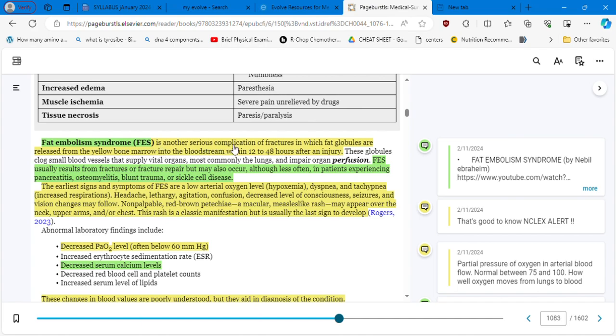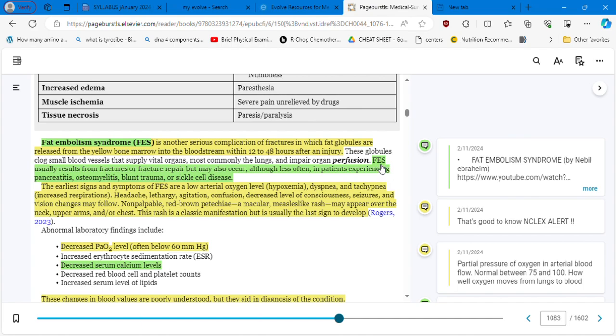This is another serious complication of fractures in which fat globules are released from the yellow bone marrow into the bloodstream within 12 to 48 hours after an injury. So it's basically the first 12 to 2 days this can happen, fat embolism syndrome. And the most common symptom is the petechiae in the chest, right? Among other symptoms, there are a lot, but this is one of the common ones.